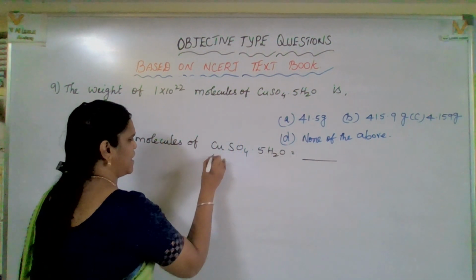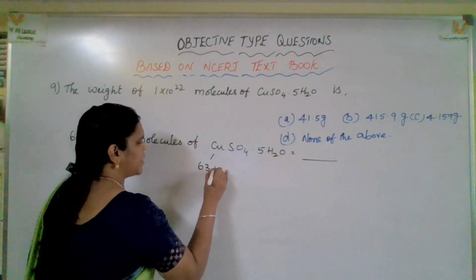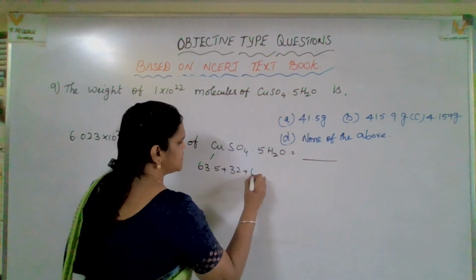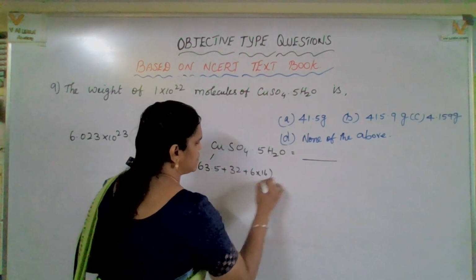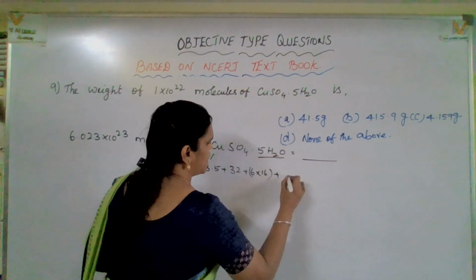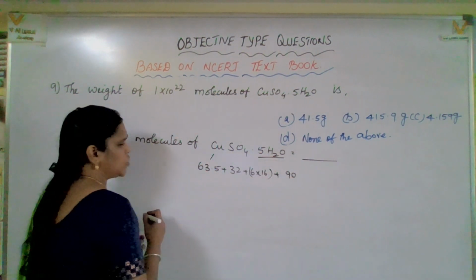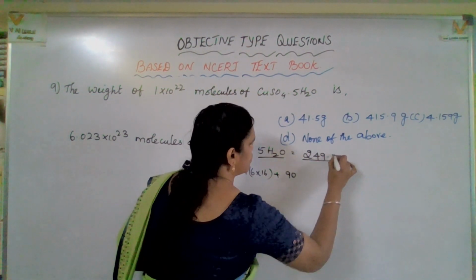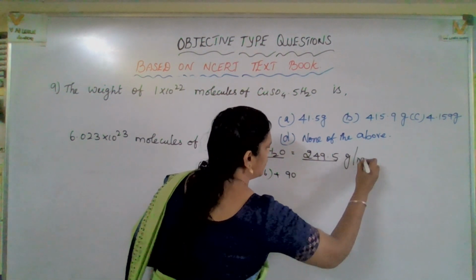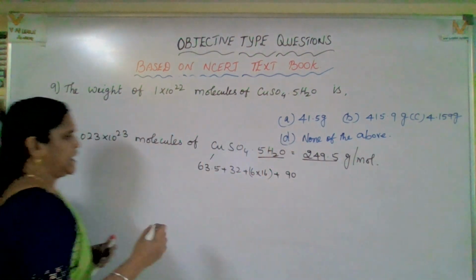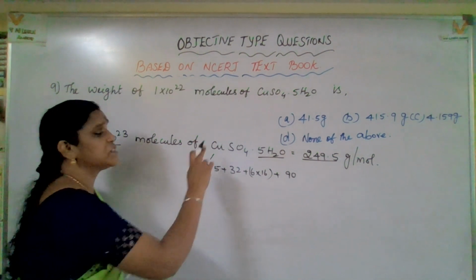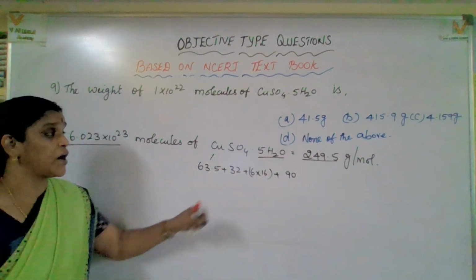Let us check here. 63.5 plus 32 plus 6 into 16 plus altogether this is 90. So here you will get 249.5 gram per mole.